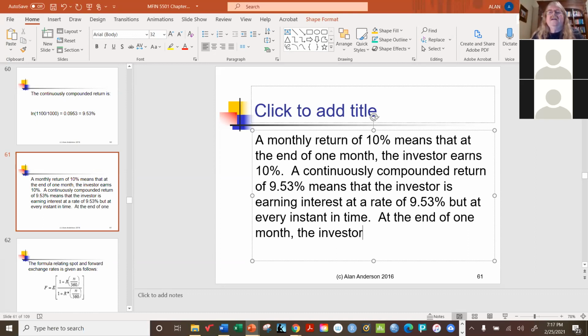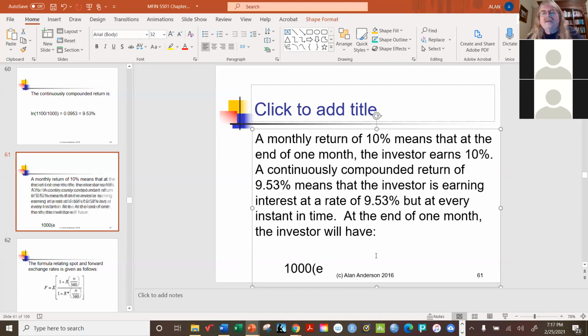the investor will have, so we have $1,000. Instead of multiplying it by 1 plus 10%, we're going to take e and raise it to the 0.0953 power. I need to take an extra step to have a superscript in PowerPoint.